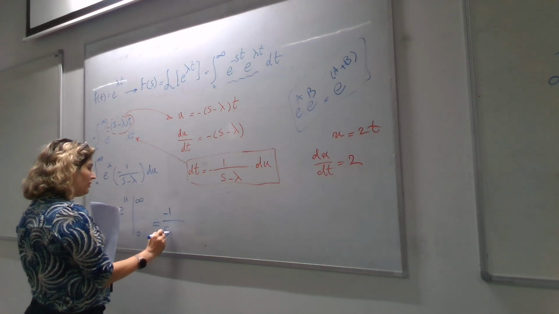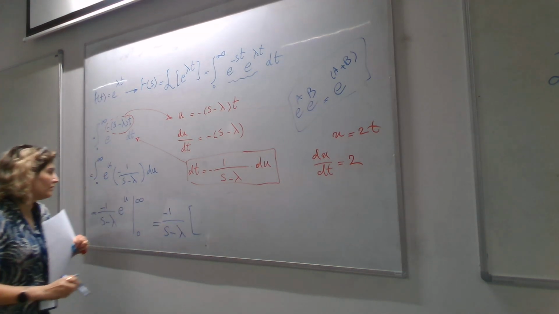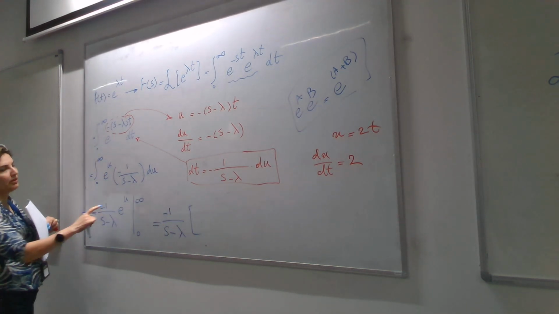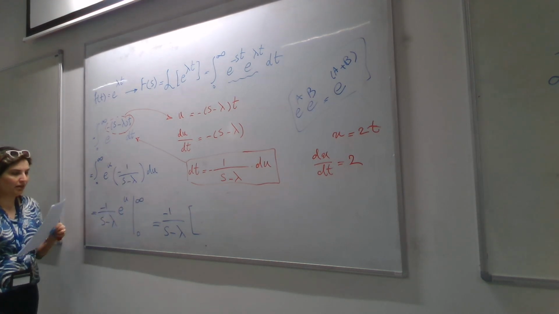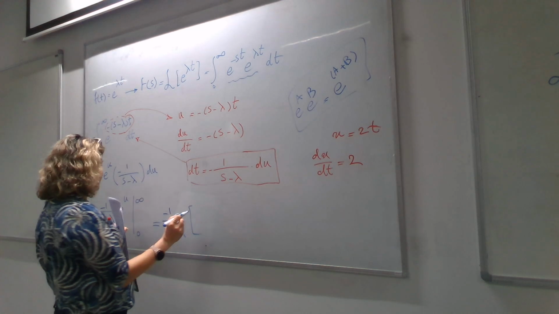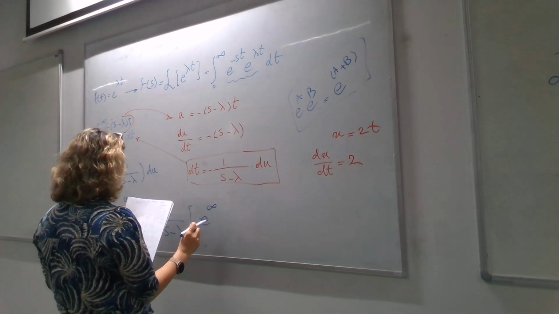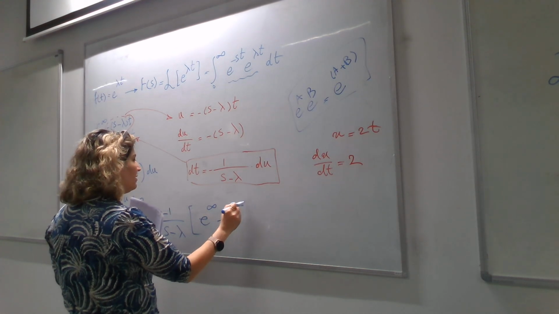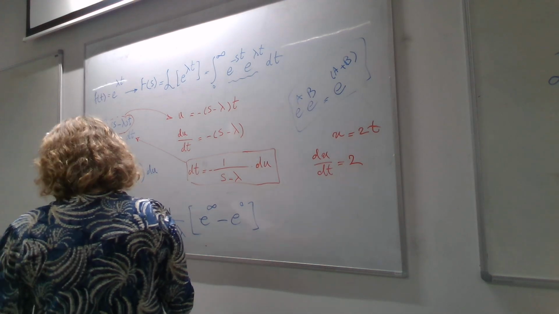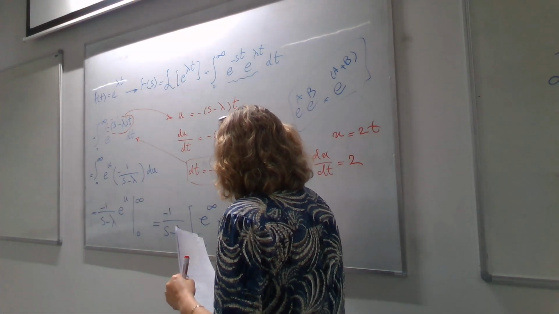I keep the s minus lambda. The only part that I am plugging in is u. So it will be e to the infinite, and then subtraction e to the 0. So what's happening?